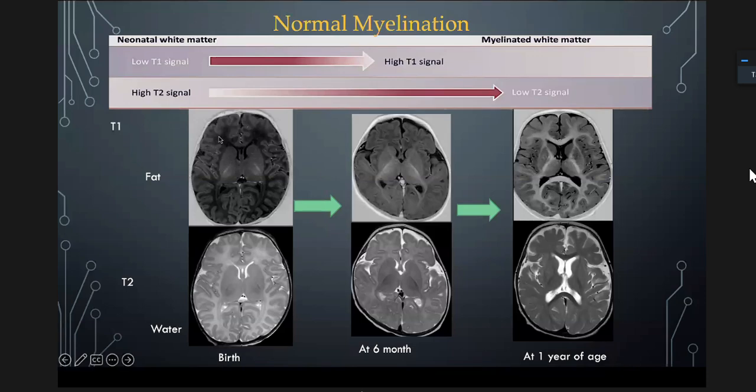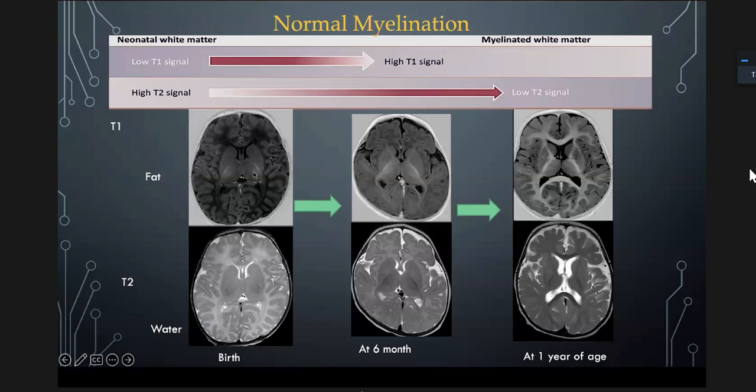So the white matter will appear T1 hypointense and T2 hyperintense. Only a few structures are myelinated at birth: the posterior limb of the internal capsule, the ventrolateral thalami, the posterolateral putamen, and also other structures in the posterior fossa. Here we are concentrating only on the level of the basal ganglia.